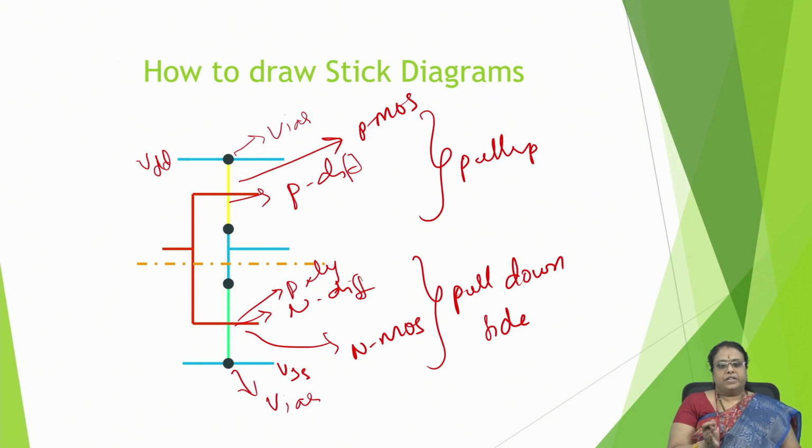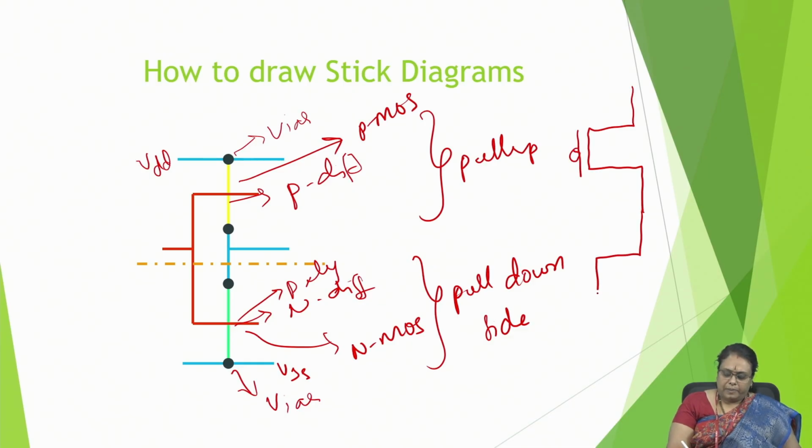We try to understand this with respect to the schematic diagram. In the schematic diagram, there will be a pull-up transistor and a pull-down transistor, and this is the PMOS and this is the NMOS device.